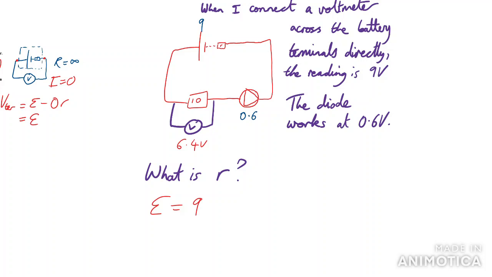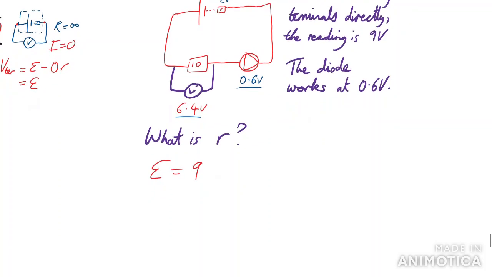If this battery has an EMF of 9, we put 9 there, we know we've got 6.4 here, 0.6 volts there, and so we must have 2 volts across the internal resistance, because where else could they be going?